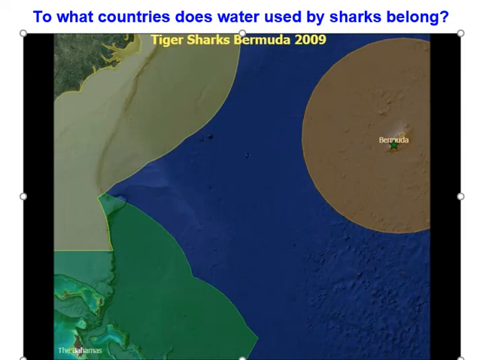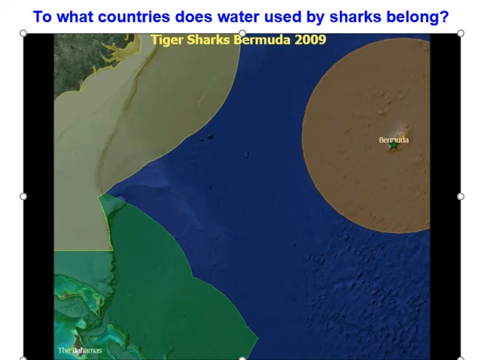And so you can look at all these different exclusive economic zones, EEZs, of each country, and how much time each shark spends in the waters of each country, and as a whole, how much time different species spend in the waters of each country. You get an idea of who's responsible for the management of these populations.